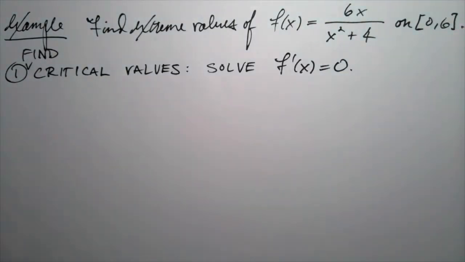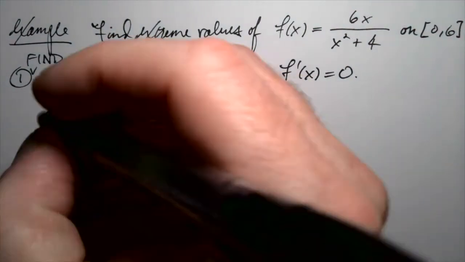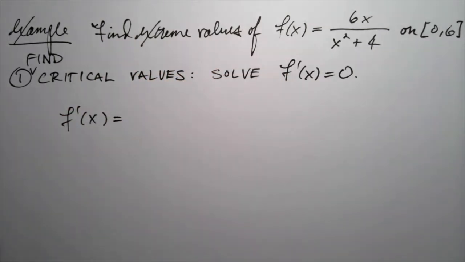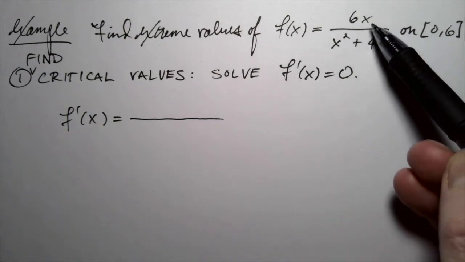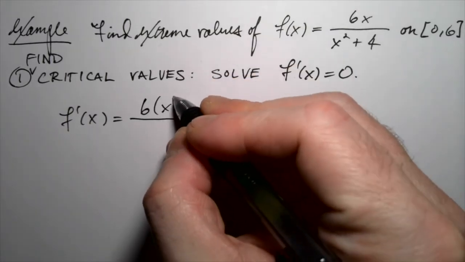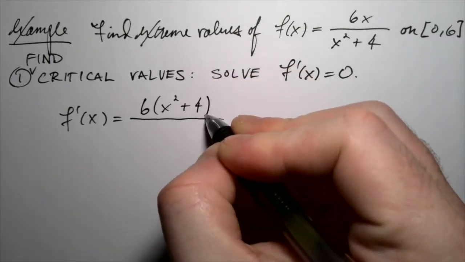That's the first step. To solve that equation, we first need to compute the derivative of that function, 6x over x squared plus 4. That's a fraction, so we've got to use the quotient rule. Here's the quotient rule. The derivative of the top, the derivative of 6x, is just 6. And then we multiply the derivative of the top times the bottom.